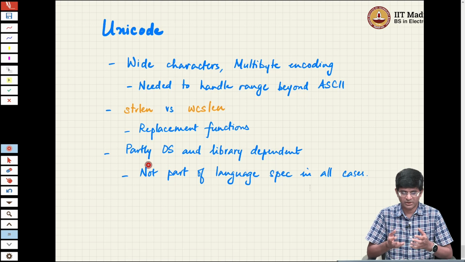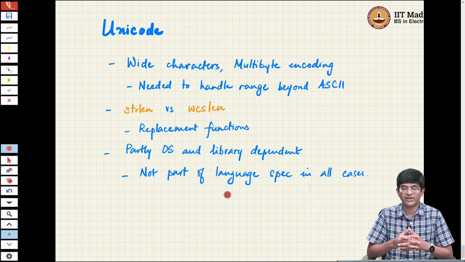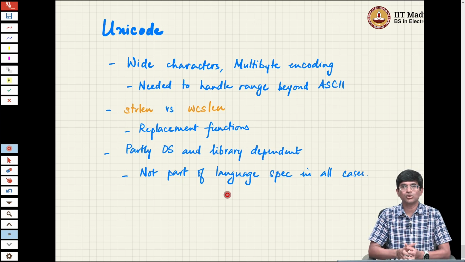Now lastly, before we look at some more examples, it is also possible for strings to be something more than just ASCII, because the world is not just restricted to the English alphabet. In fact, in India we have several languages that need much more than what can be represented using 8-bit ASCII, and Unicode is a character encoding that is currently used in order to represent various kinds of different scripts and different kinds of characters.